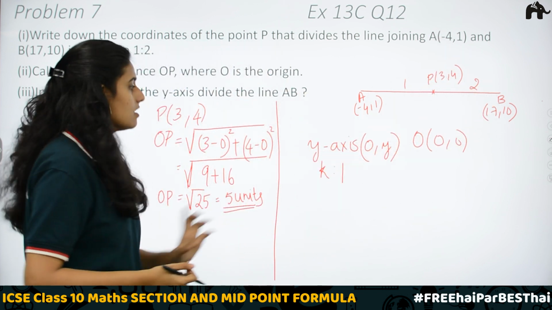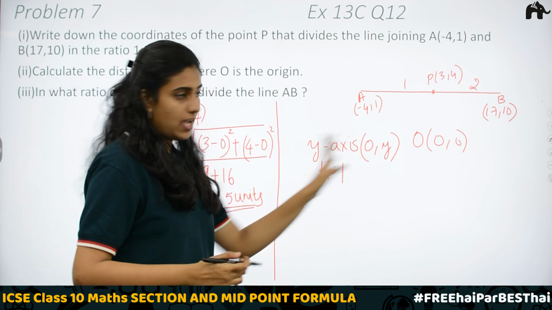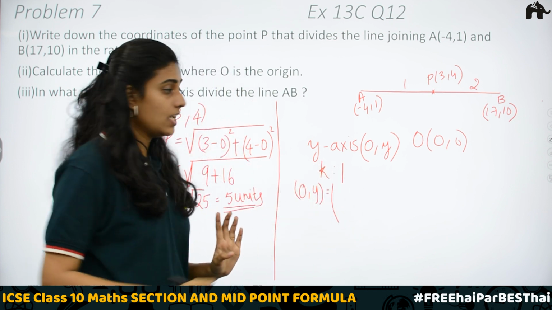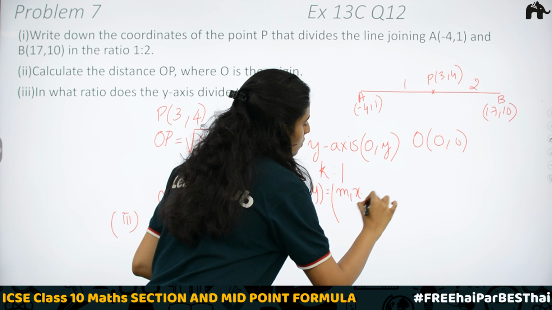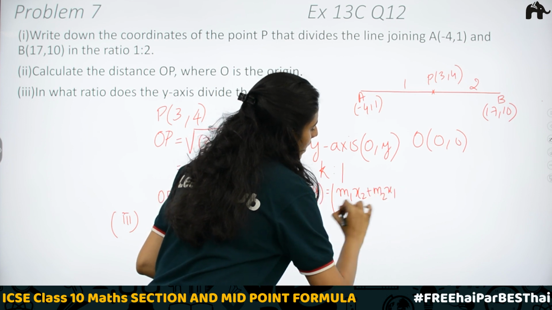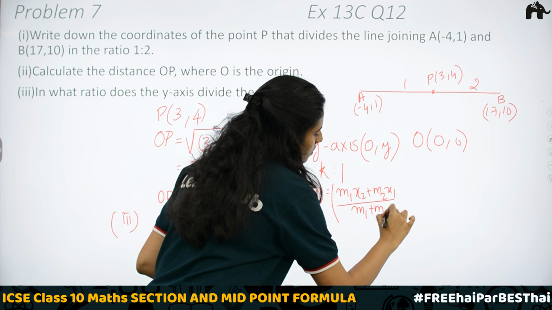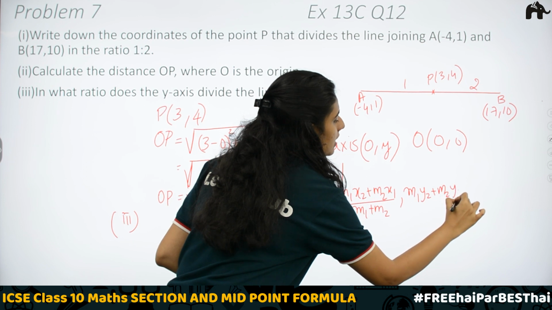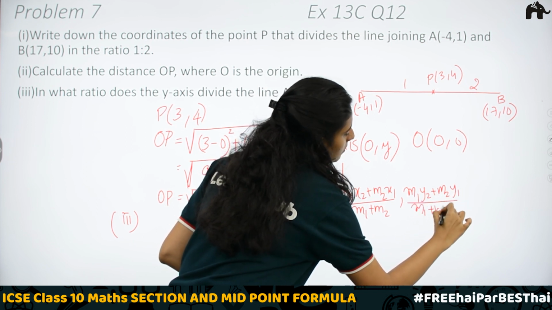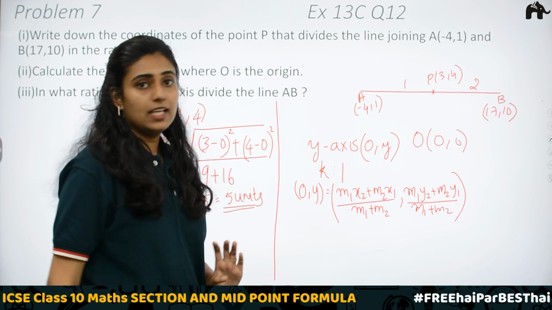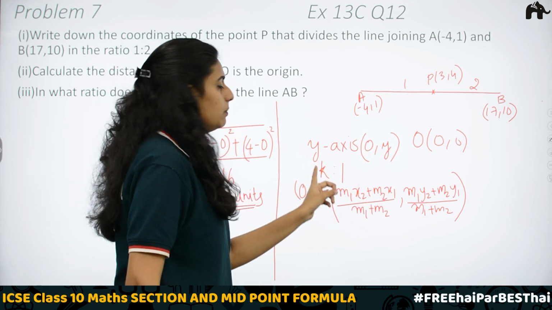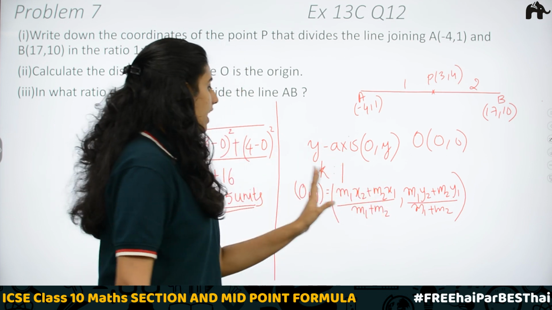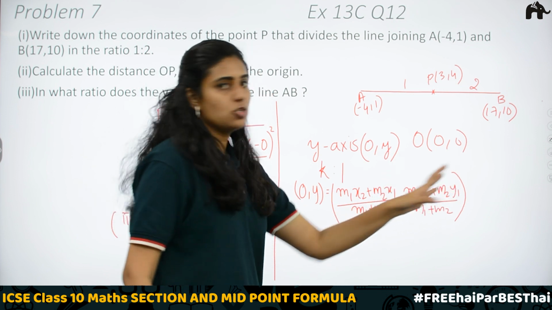Using the section formula, the point 0, y is equal to m1 x2 plus m2 x1 divided by m1 plus m2, m1 y2 plus m2 y1 divided by m1 plus m2. Here, m1 and m2 will be equal to k and 1. m1 is k and m2 is 1. x1, x2 values we know. y1, y2 values also we know.